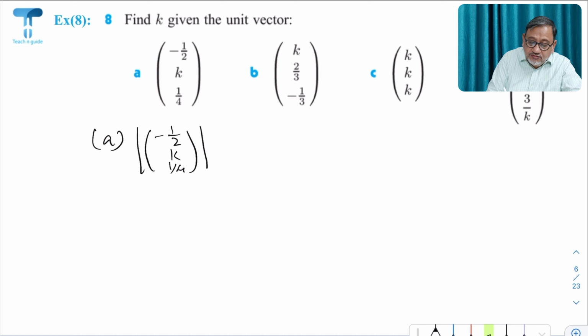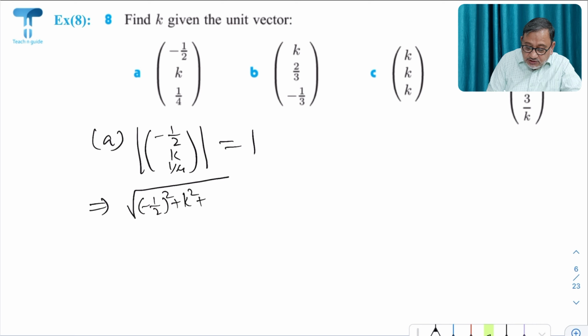The magnitude of this is equal to 1. So this will imply square root of minus half square plus k square plus 1 by 4 square is equal to 1. So I will square both the sides. Therefore 1 by 4 plus k square plus 1 by 16 is equal to 1.